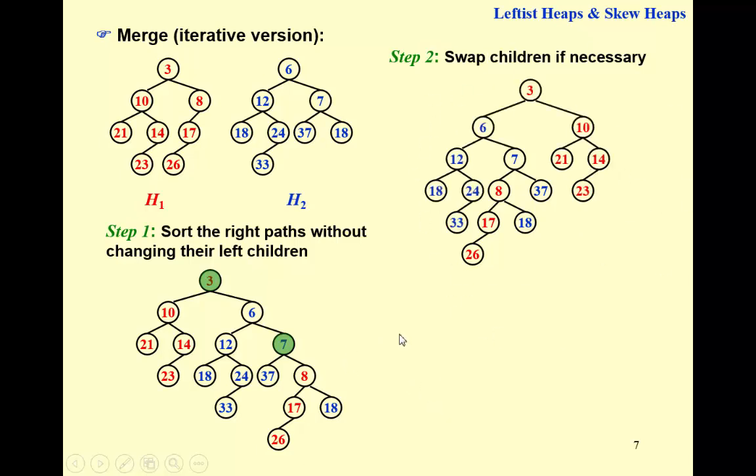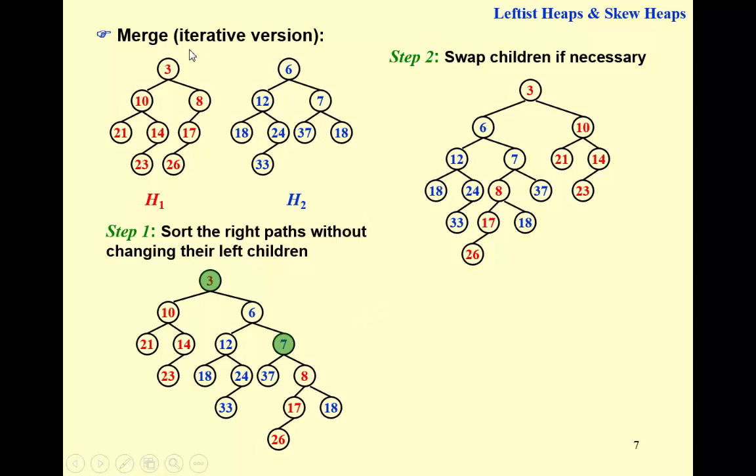So you see that the iterative version is much easier for us to understand what is really going on during the merge process. However, on the other hand, if you really want to implement this iterative version, you're going to see how difficult it is. It's going to be much more complicated than the simple recursive version.